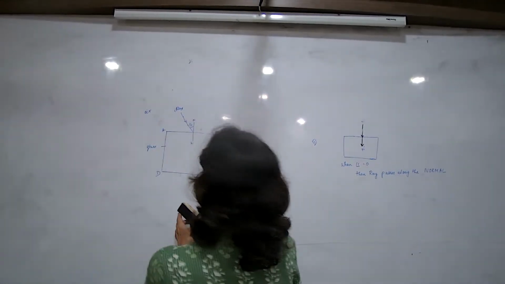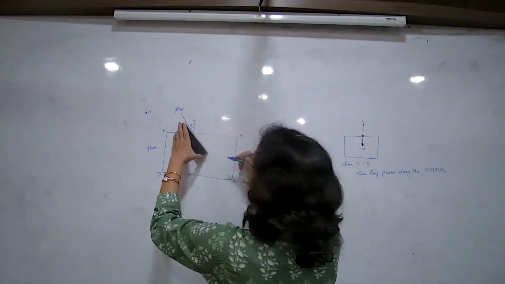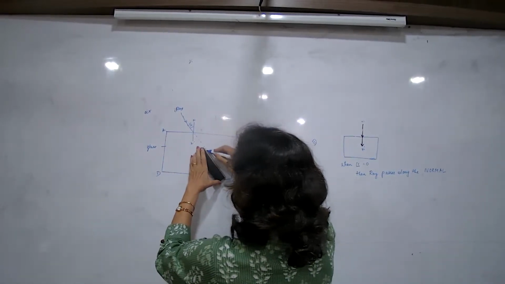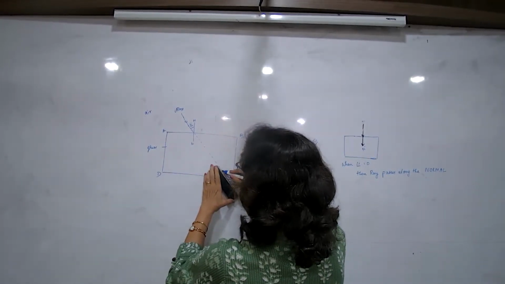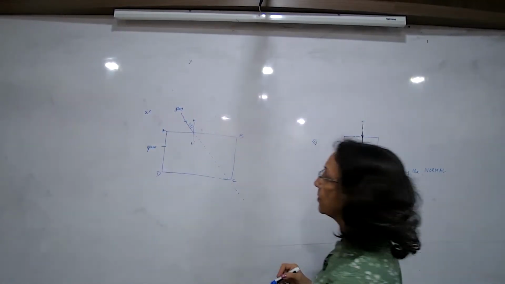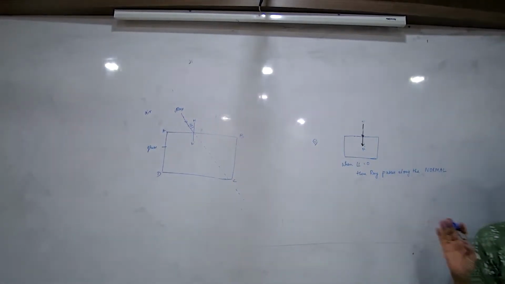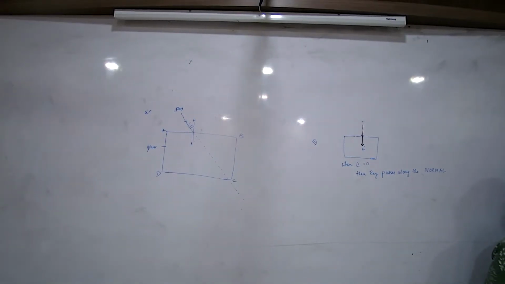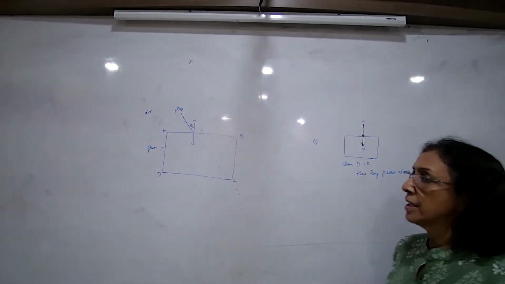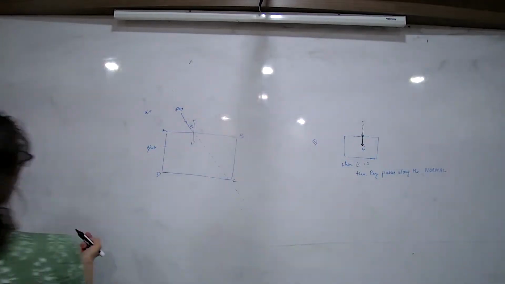If there was no glass slab, I'm going to put a dotted line here just to show that it would have come out in a straight line. There's no bending. The dotted line is just a straight line. But now since the glass slab is there, there is a refraction taking place.